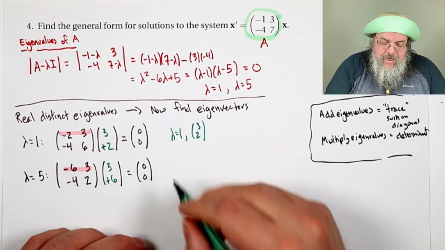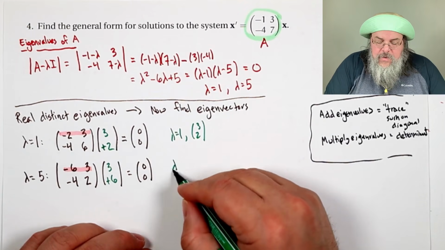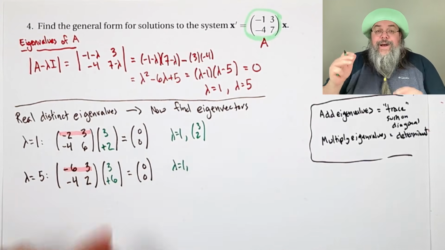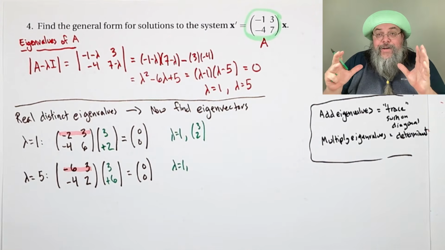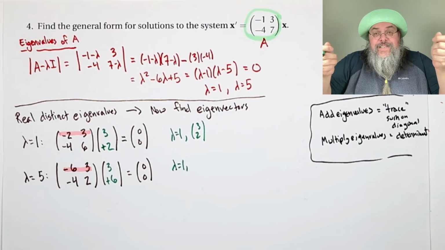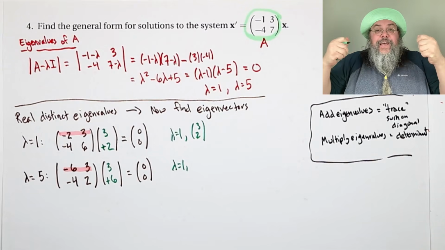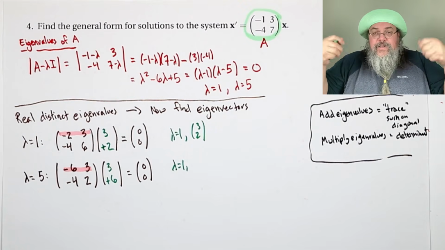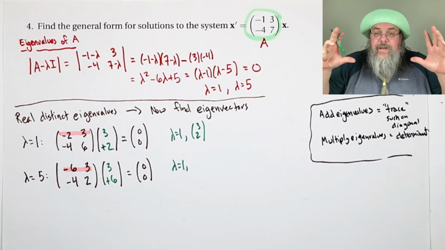Now, in practice, here's what I recommend. Divide out, right? Eigenvectors are not unique. You can scale. So scale to make the numbers easier to work with. I just like to do that out of habit.